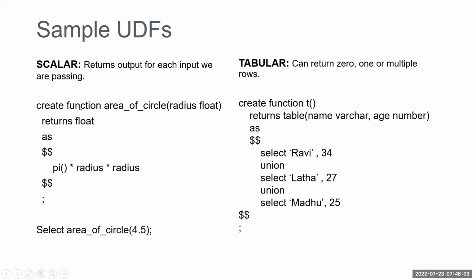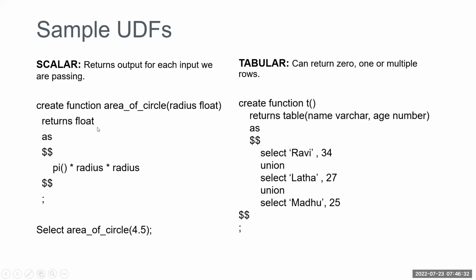Let's see how we create a function. Its syntax is create function, function name, and arguments. You can pass zero arguments or you can pass some arguments. We have to provide the return type, that means whatever output you are returning, we have to mention that output type. Here I am returning the area of the circle, so that is float type.